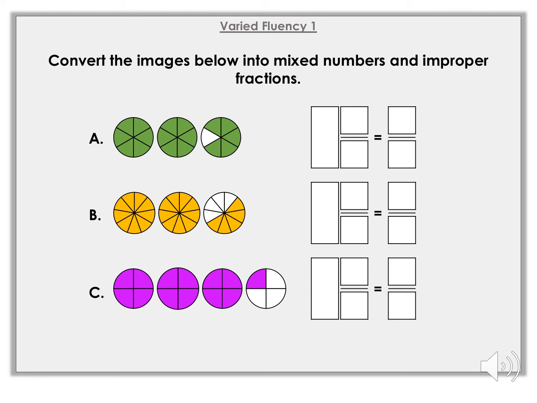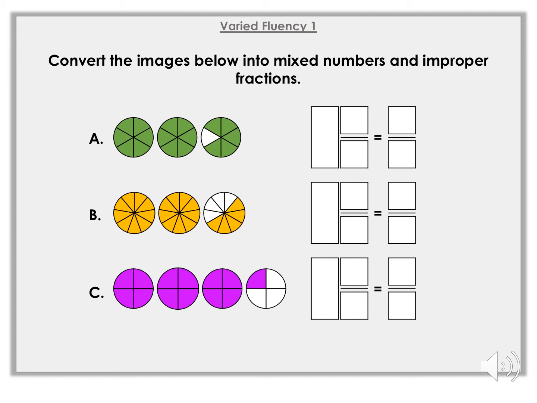And now we need to change that into an improper fraction. So again, there's 2 different ways to do it. You can count up all of the little pieces we have. So in the first one, I know I've got 9. In the second one, I know I've got 9, so that's 18. And I need to count up the last one, 19, 20, 21, 22, 23. So I should have 23 out of 9.